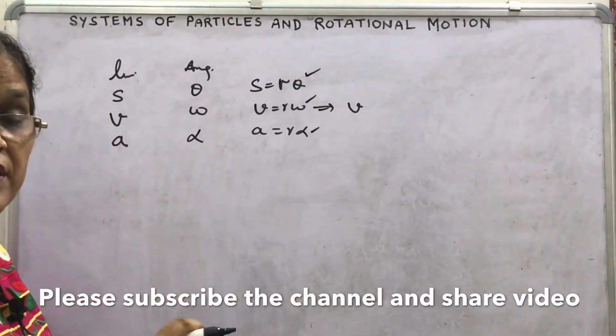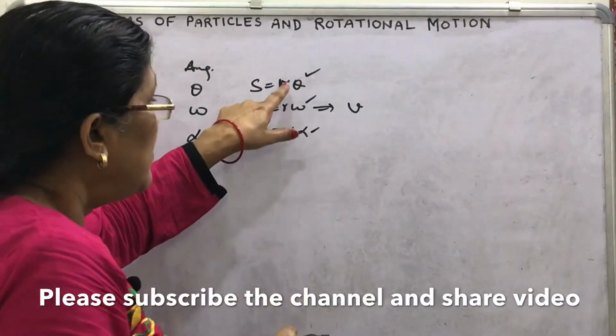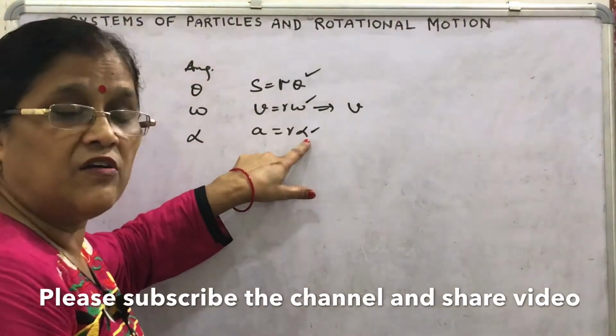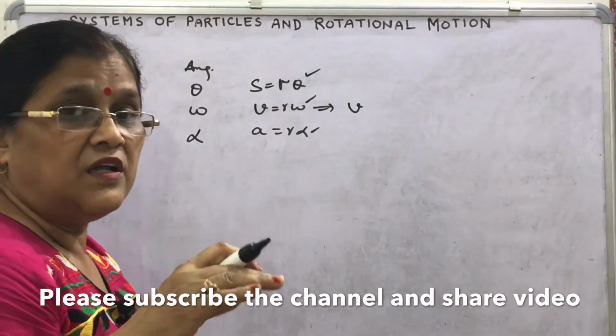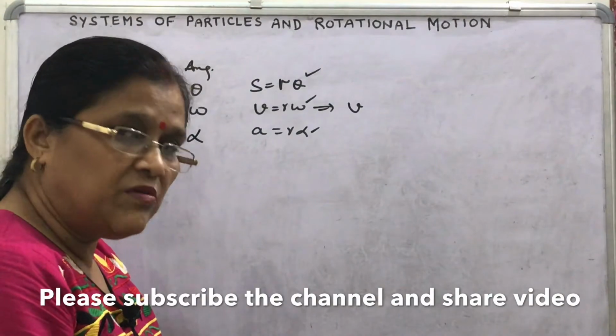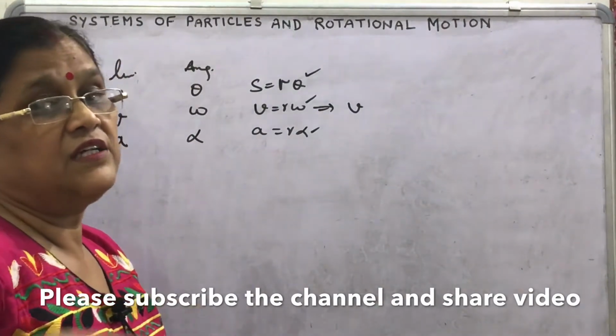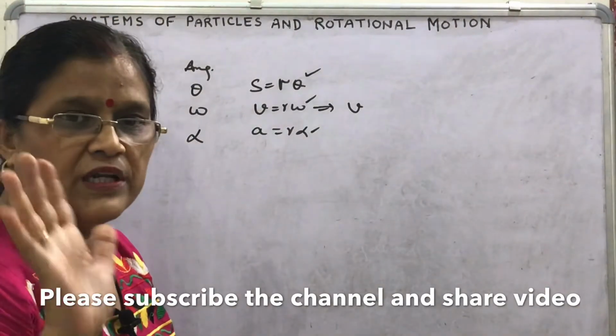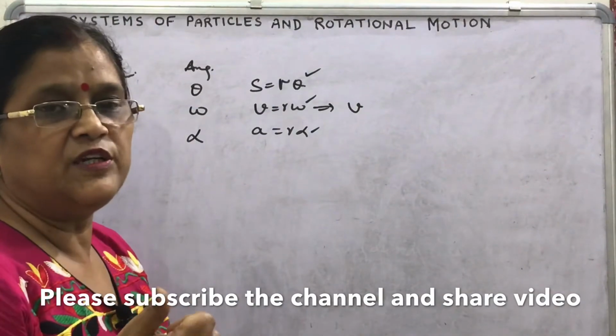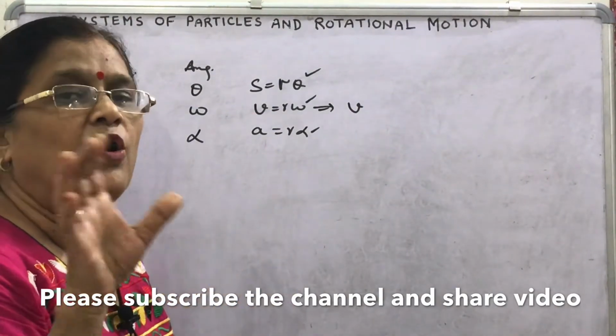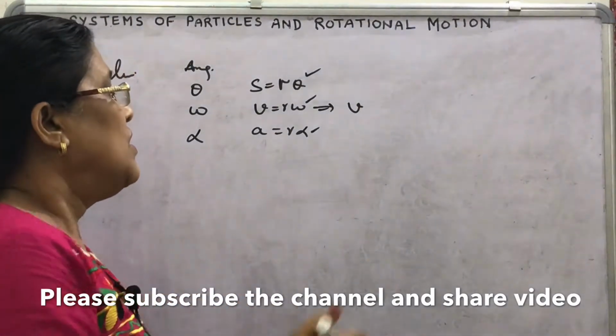These are all vectors, and for angular displacement, angular velocity and angular acceleration, all the terms in which the word angular is attached, their direction is along the axis of rotation. And how is it determined? By the right hand thumb rule or right hand screw rule.